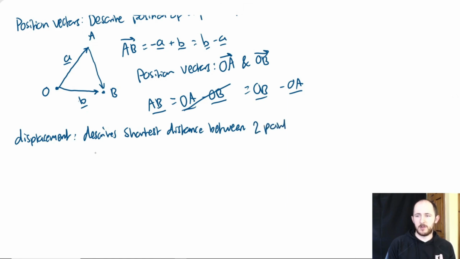And of course, as you know from either physics or GCSE maths, displacement is a vector, so it obviously does give you a direction as well. And the reason why I say it's the shortest distance is because they're always straight lines. So when we deal with vectors, we don't deal with something that's curvy. It's always a straight line. And as you know, the shortest distance between 2 points is always a straight line, okay? So that is something that you should definitely keep in mind.